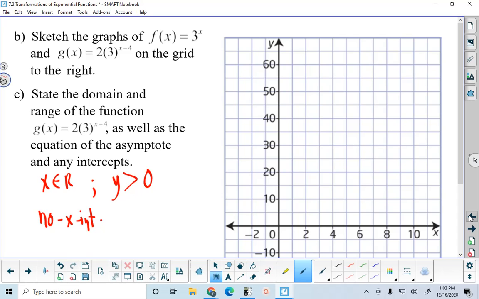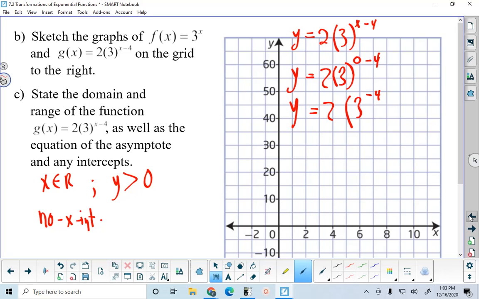The y-intercept can only be found by remembering that a y-intercept is where x equals 0. So we end up with y equals 2 multiplied by 3 to the negative 4.